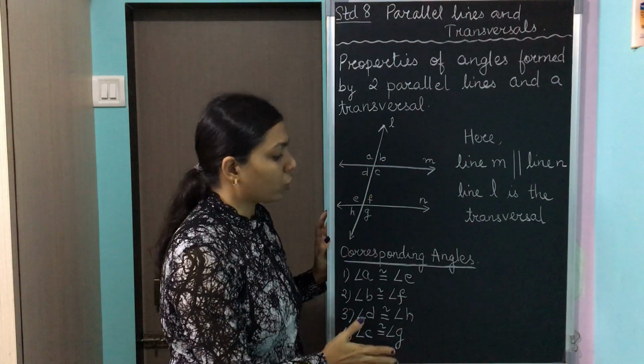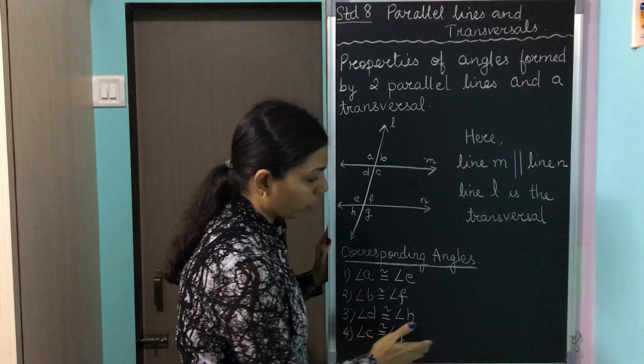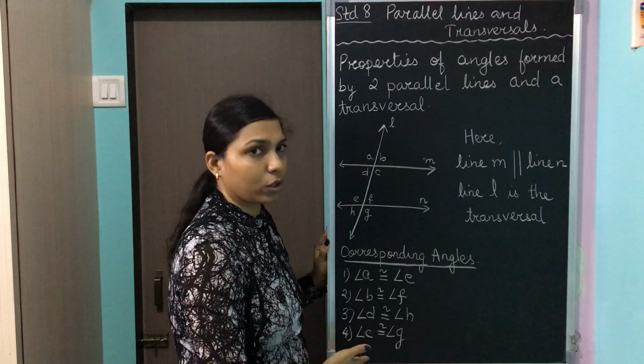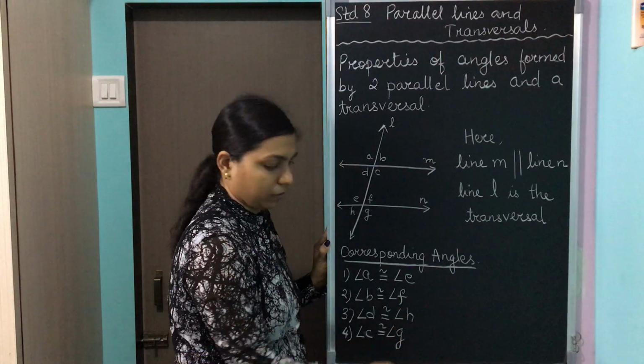I want you to copy this down. This is your first property. I am going to write it down over here. I don't have place to write down over here, so you will write down below this.